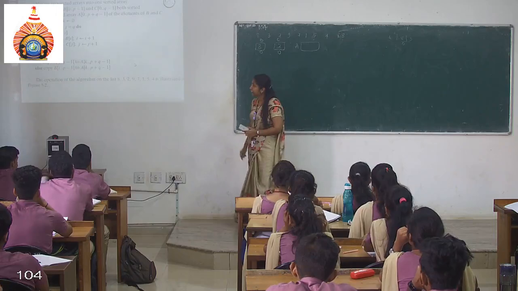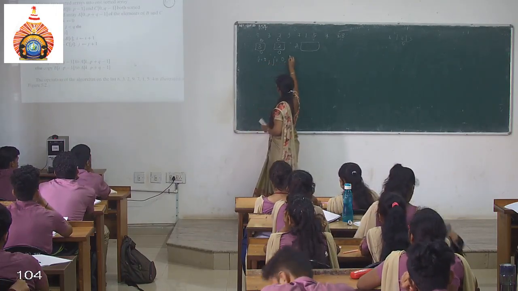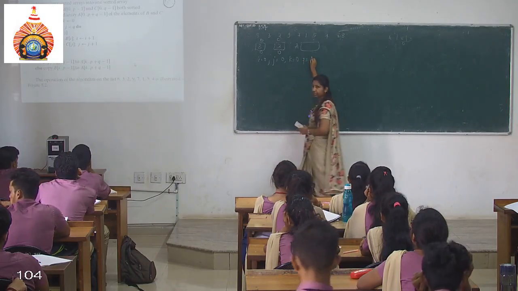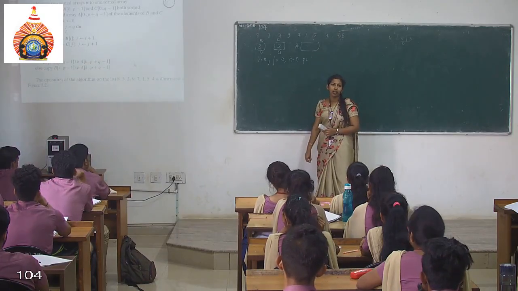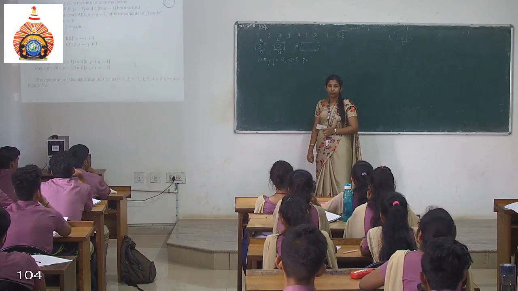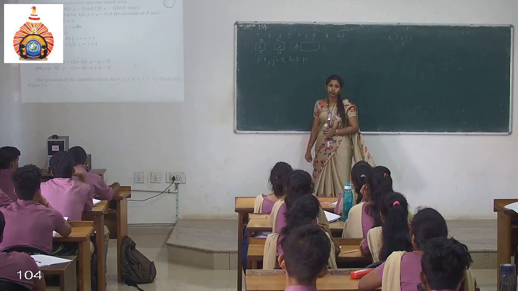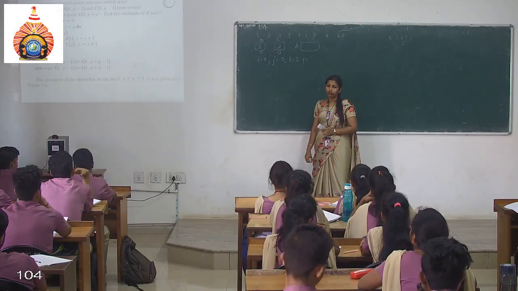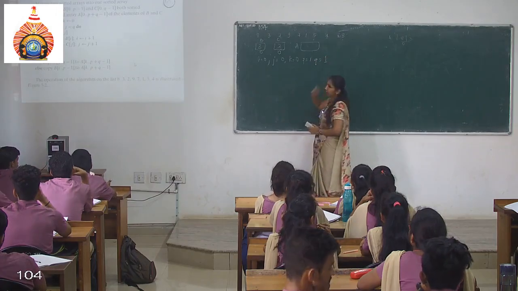Now what is the first step? I is equal to 0, J is equal to 0, K is equal to 0, P is equal to how much? What is the size of B? What is the size of B and C? 1. Fine.